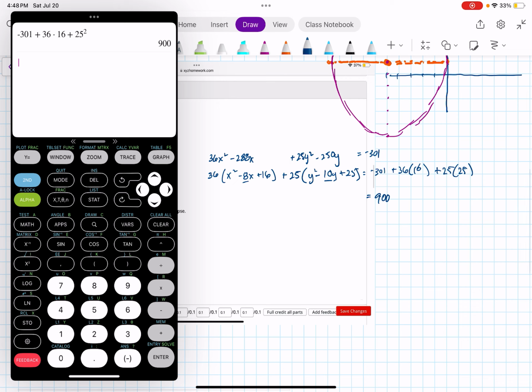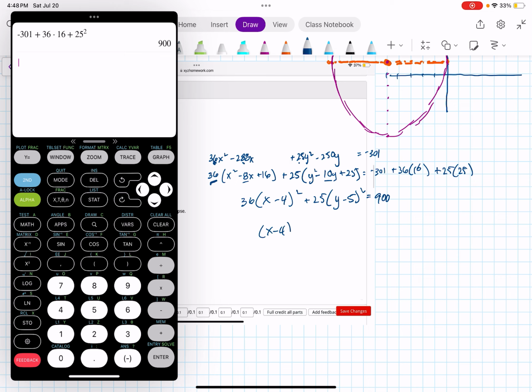Okay, this is unfortunate, but just the way the questions were structured gives me very similar numbers, because it's picking random numbers just for you. These coefficients got chosen as basically the same as the last question, question 5. But that's going to give me 36 times x minus 4 squared plus 25 times y minus 5 squared. Divide by 900.